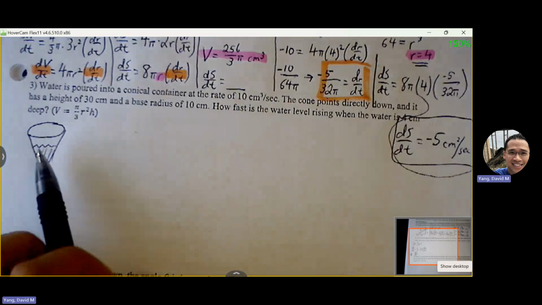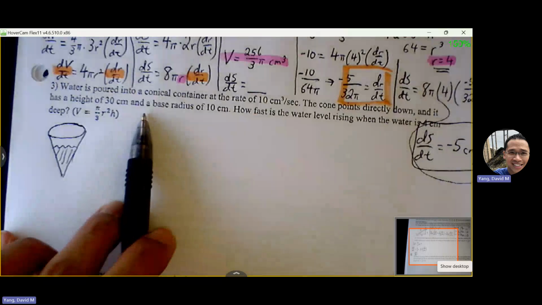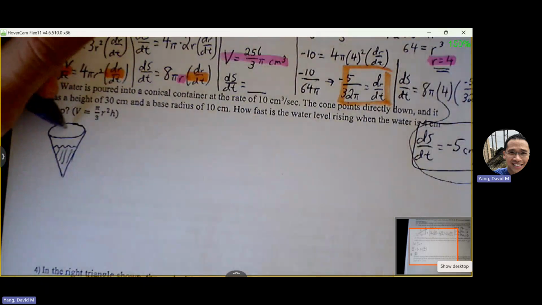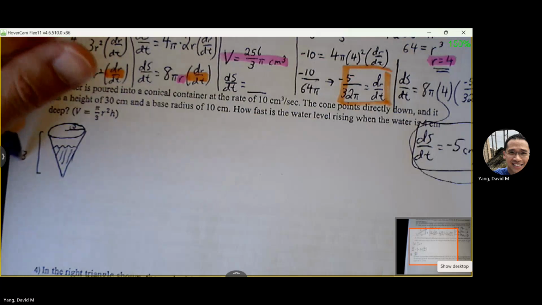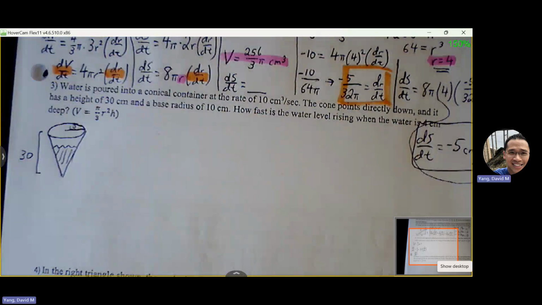The cone points directly down and has a height of 30 centimeters and a base radius of 10. How fast is the water level rising when the water is 4 centimeters deep?